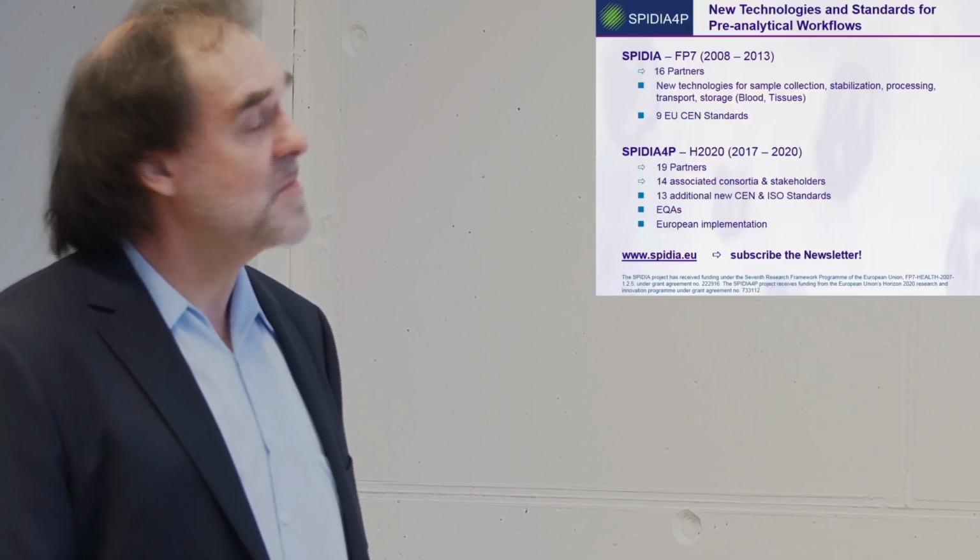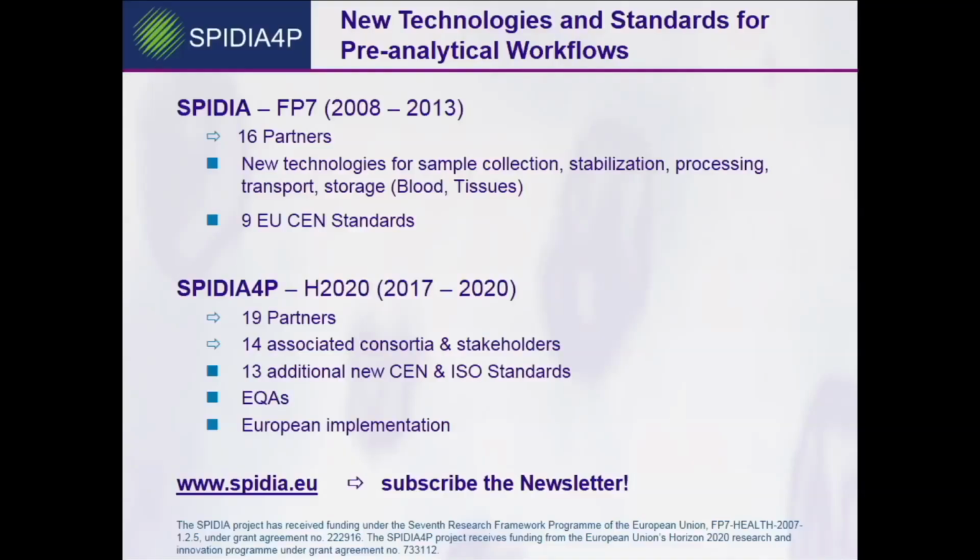That's a big effort. So the first initiative we had in Europe was the SPIDIA consortium, which was funded under the Framework 7 of the European Union from 2008 to 2013.